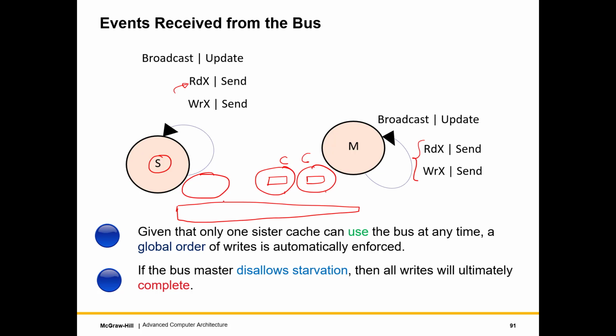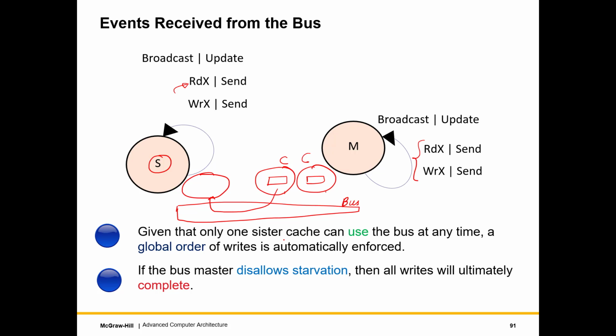Sorry, that was a wrong diagram of a bus, but at least conceptually it should be clear. So whoever gets control of the bus first supplies the data, and the other cache snoops the bus. So the moment it sees that data has been supplied, it keeps quiet.